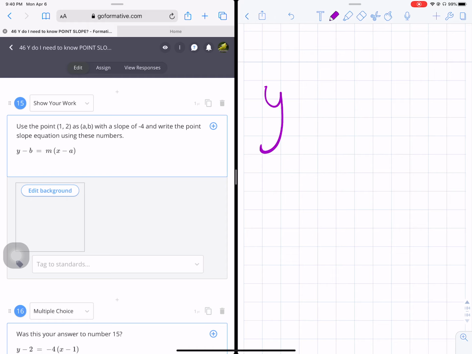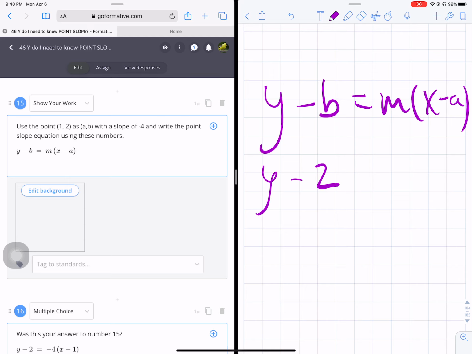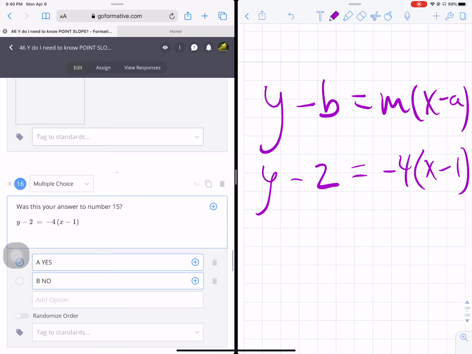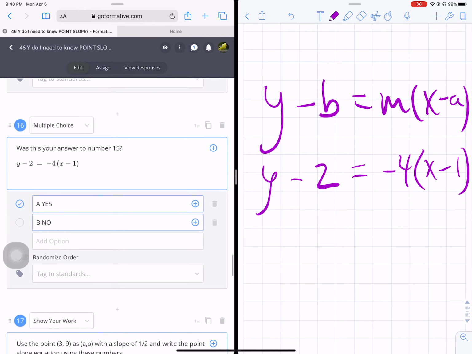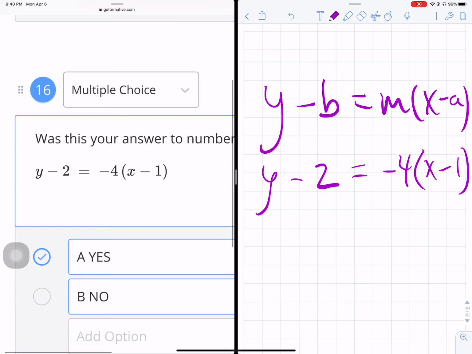So we have Y minus B equals M times the quantity of X minus A. And this time we're going to have Y minus 2 equals -4 times X minus 1. And then does this match? Looks good.